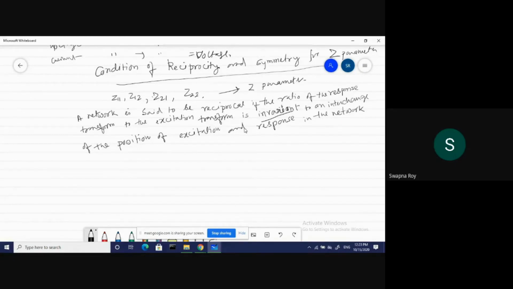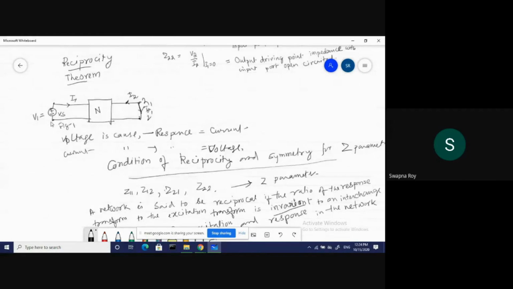What does it mean? A network is said to be reciprocal if the ratio of the response transform to the excitation transform is invariant to an interchange of the position of excitation and response. That means, as I told you, if Vs is the cause, the response is current. Now, Vs is the input voltage applied at port 1, 1 dash, and we are getting the response at 2, 2 dash.